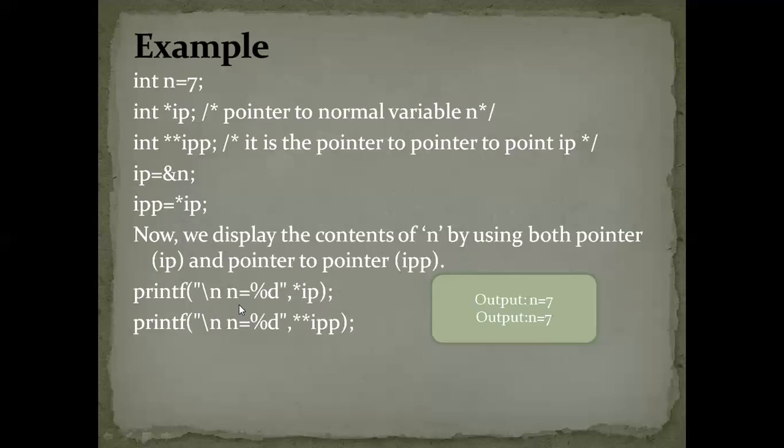So here printf IP. What is the value? 7 only. What is the value of IPP? 7 only. Finally I am supposed to print the content. Content will be 7, so I am going to print 7.